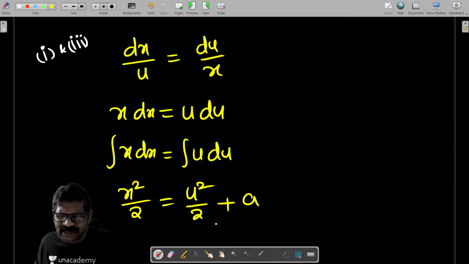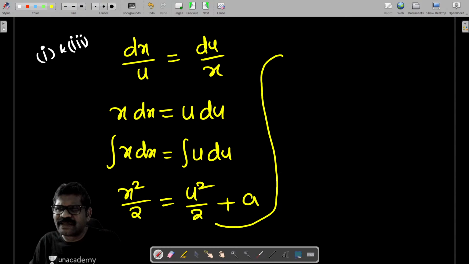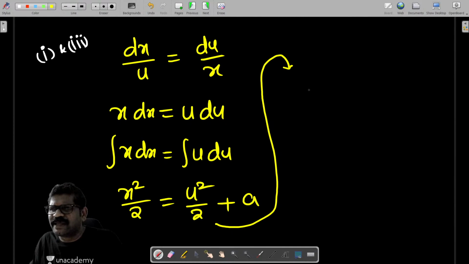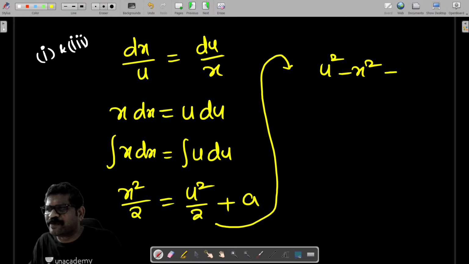From this, u square by 2 minus x square by 2 equal to minus a. So u square minus x square equal to minus 2a.